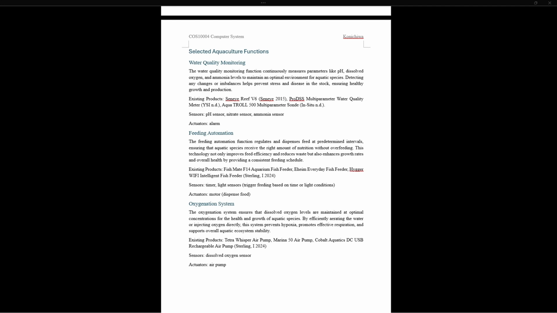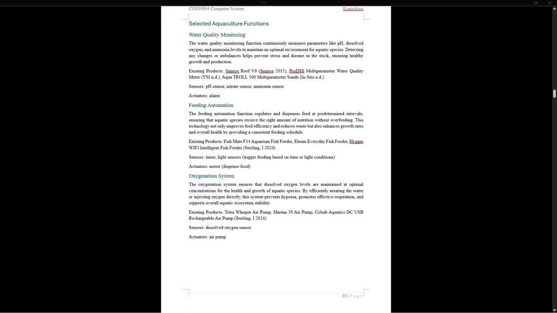Quick responses prevent stress and diseases, enhancing farm productivity. The example existing products are Senior Reef V6, Pro DSS multi-parameter water quality meter, Aqua Troll 500 multi-parameter sonde.